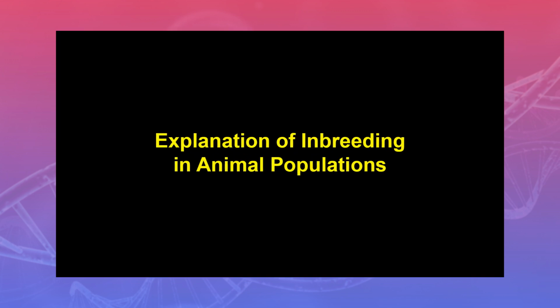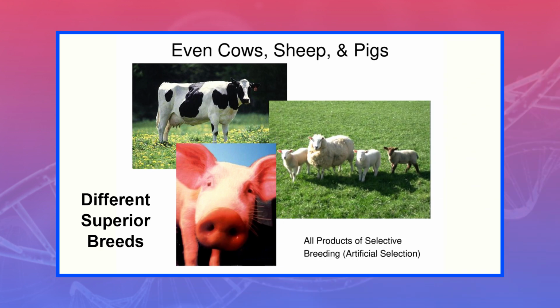Dear students, let's know the explanation of inbreeding in animal populations. Selection in animal breeding systems uses genetic diversity or variation to improve the population by selecting superior animals for desirable traits.